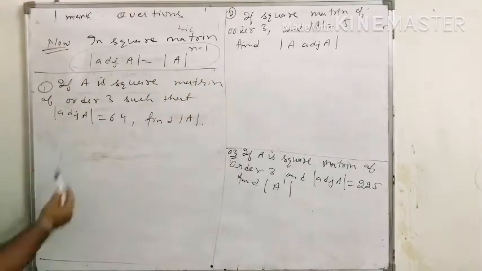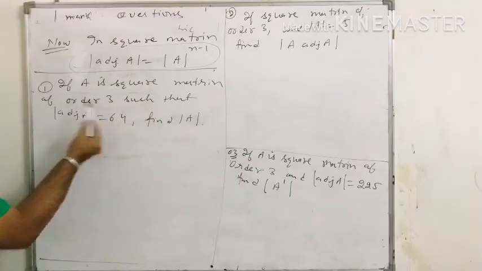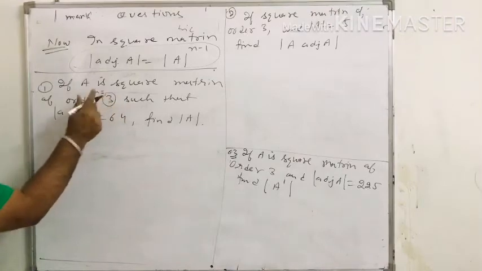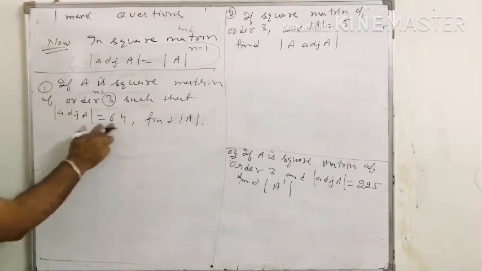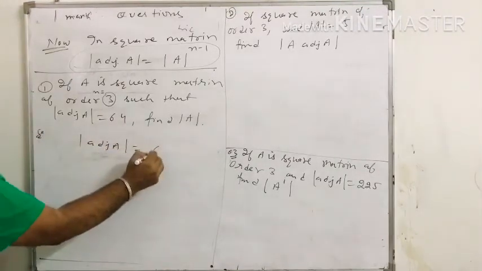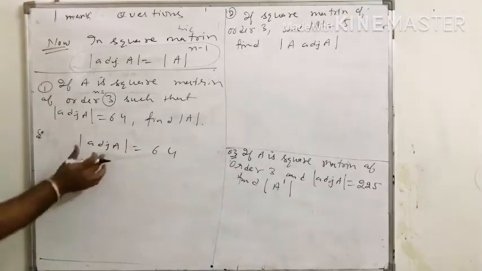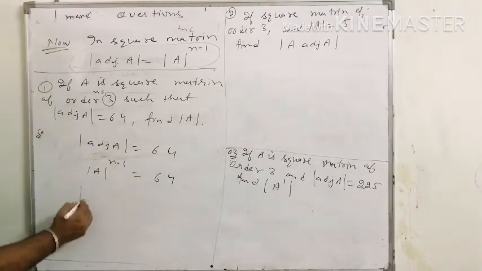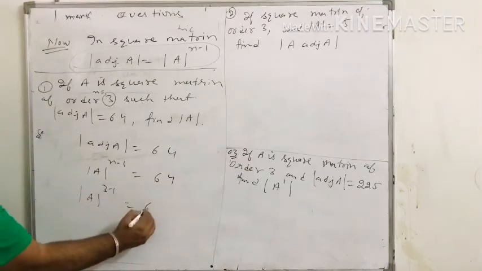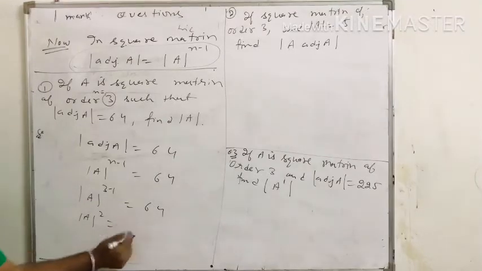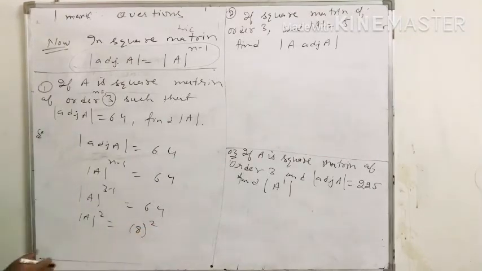Now if A is a square matrix of order 3, the value of n is 3, such that the determinant of adjoint A equals 64, find the determinant of A. The formula is determinant of A raised to n minus 1 equals 64. The value of n is 3, so 3 minus 1 is 2. Determinant of A squared equals 64. 64 is 8 squared. So the determinant of A is plus or minus 8.